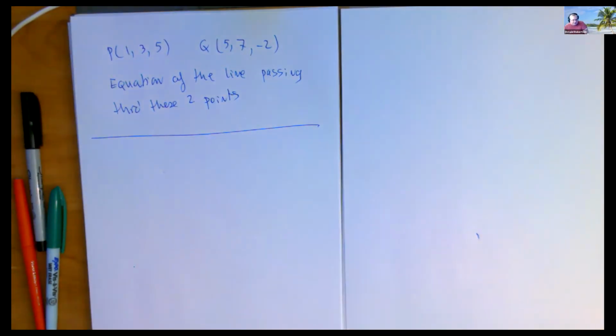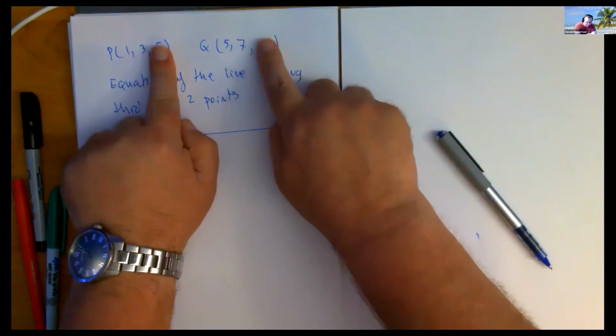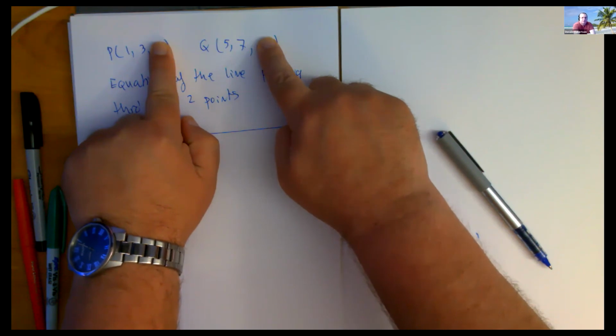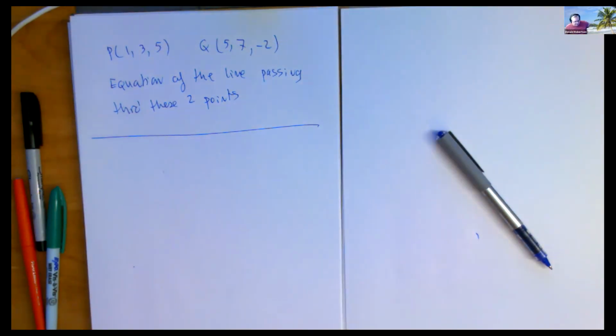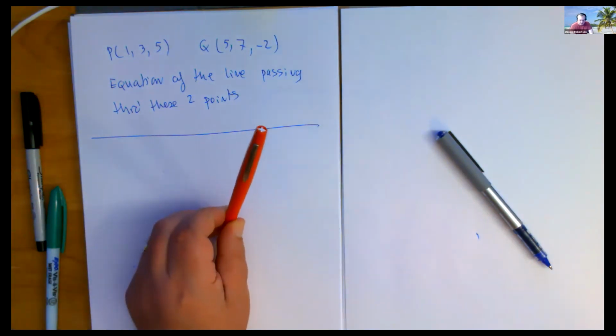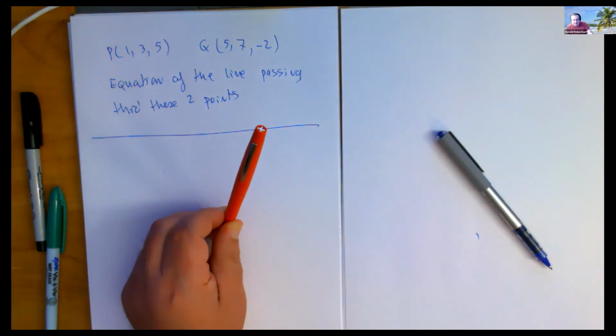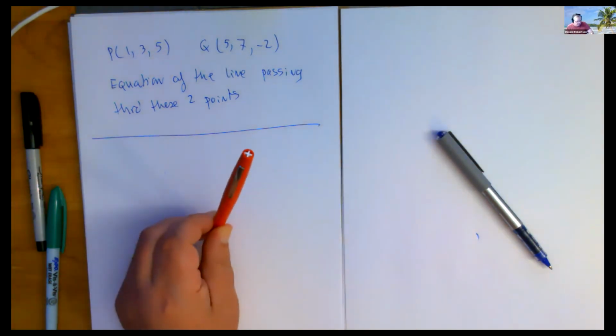If I took these 2 numbers off, wouldn't that be a Math 94 question? Find the equation of a line passing through 2 points. Now, in 3D space, if you want a line, you only need 2 points, right? I need to know the tip and the bottom and the top of that pen. That's enough to generate a line forever.